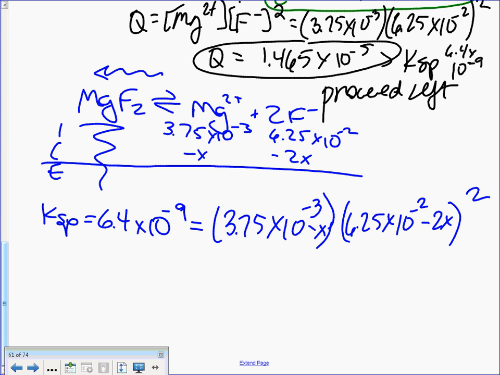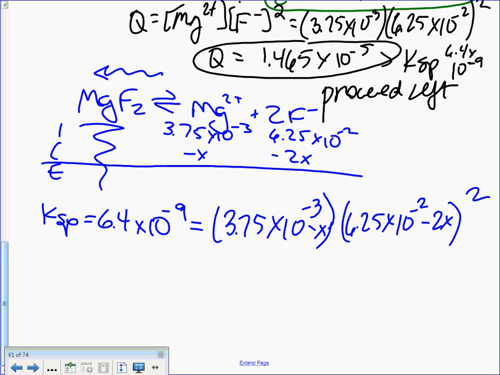Okay, so you can see this one's like a 4-part problem. Like this would be like A, B, C, D on the AP exam. What are your thoughts on neglecting x? Would you like to try, or do you think it's going to be not less than 5%?